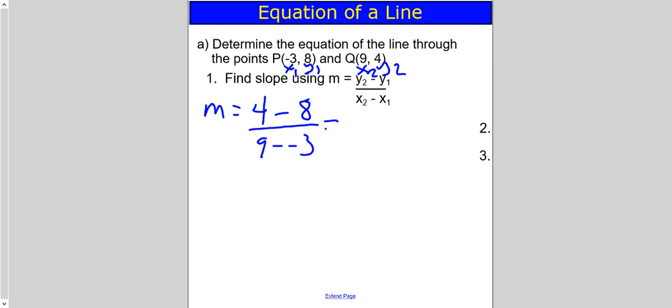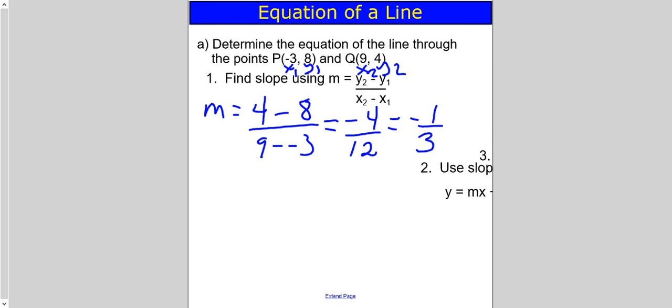So we're going to be careful here. We have integers. 4 minus 8 is -4. And 9 minus a -3 is 12. And if I reduce this, I get -1/3 because I can divide both the top and the bottom by 4.